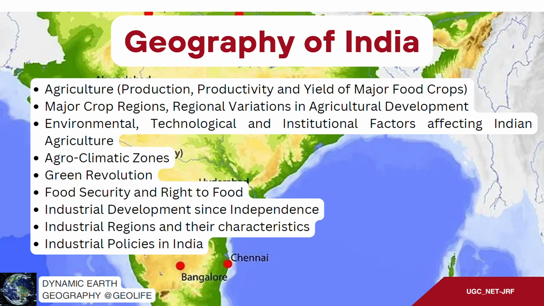Then agriculture, production, productivity, yield, and major food crops of India that you need to know regionally and state-wise. Then major crop regions, regional variation in agricultural development, environmental, technological and institutional factors affecting Indian agriculture. Then agroclimatic zones of India. Then the Green Revolution in India. Then food security and right to food, and industrial development since independence, industrial regions and their characteristics, industrial policies in India.